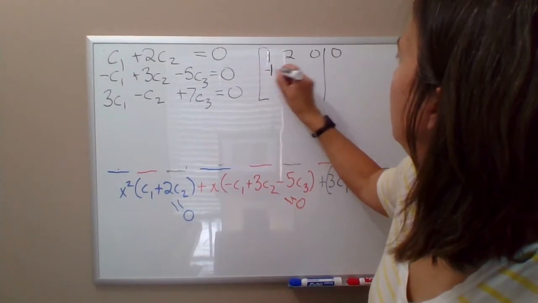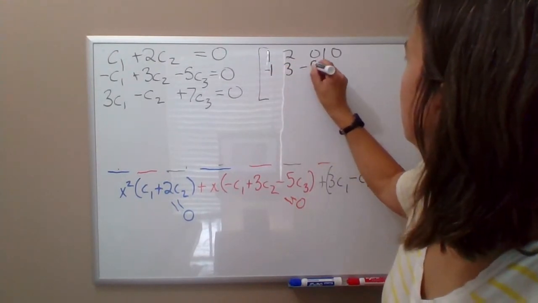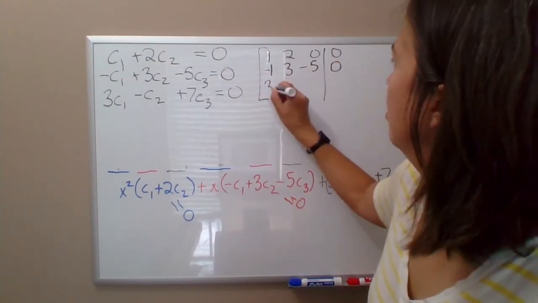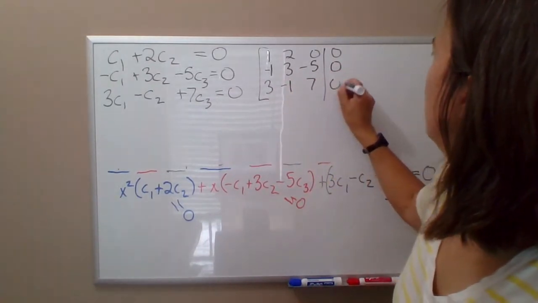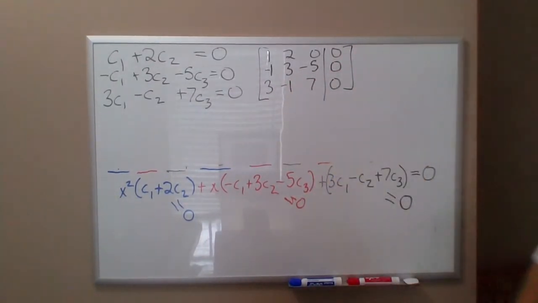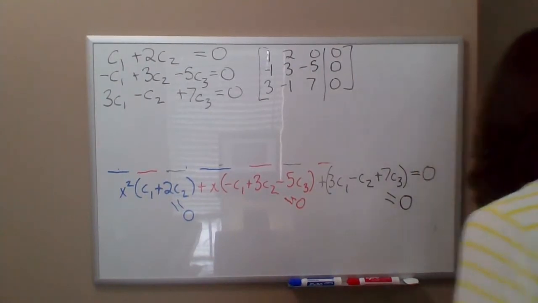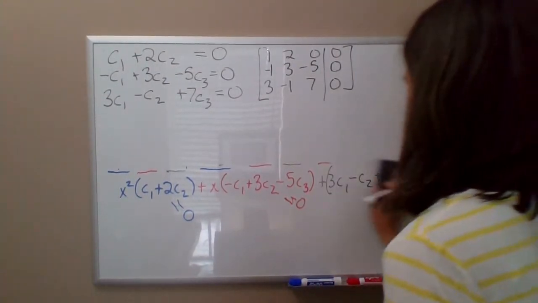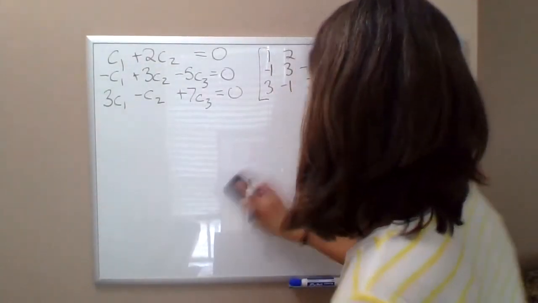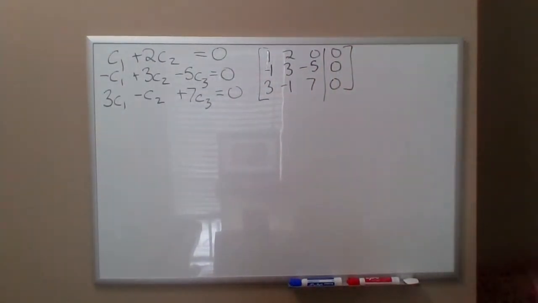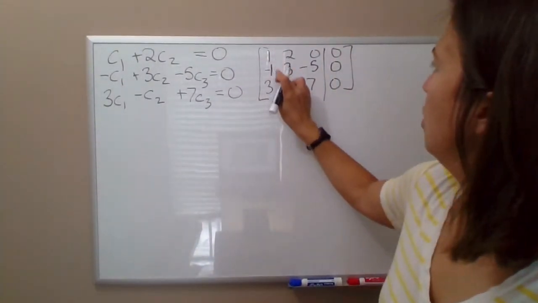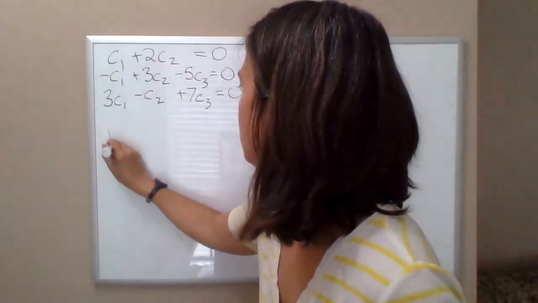So -1, 3, and then 3, -1, 7, 0. And then row reduce this thing to find the solutions. So I would do just row 1 plus row 2 to get a 0 in this position.